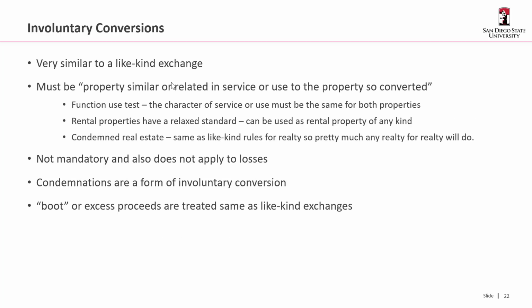So the rules for an involuntary conversion are very similar to a like-kind exchange. So in this case, it must be property similar or related in service or use to the property so converted. And you have to put that through the functional use test. So the character of service or use must be the same for both properties.